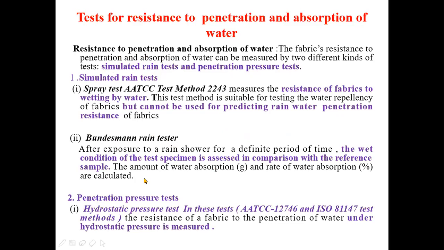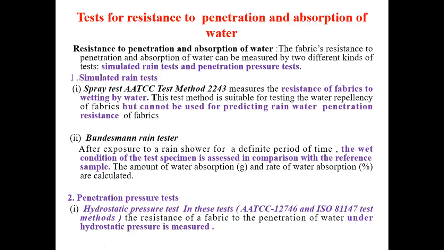But in the case of the penetration pressure test, we measure whether the water molecules penetrate under pressure, and if so, at what pressure it can penetrate. Okay, so again I am telling there are two different categories of tests. One is the simulated rain test, another one is the penetration pressure test.